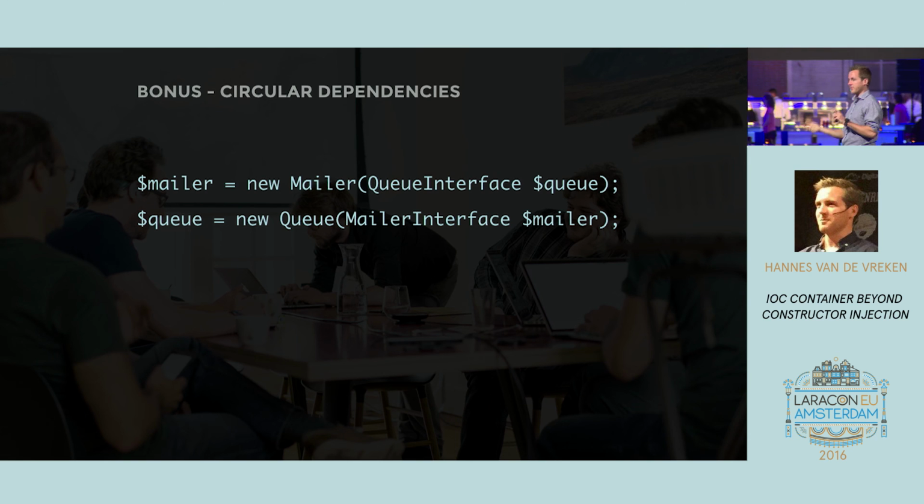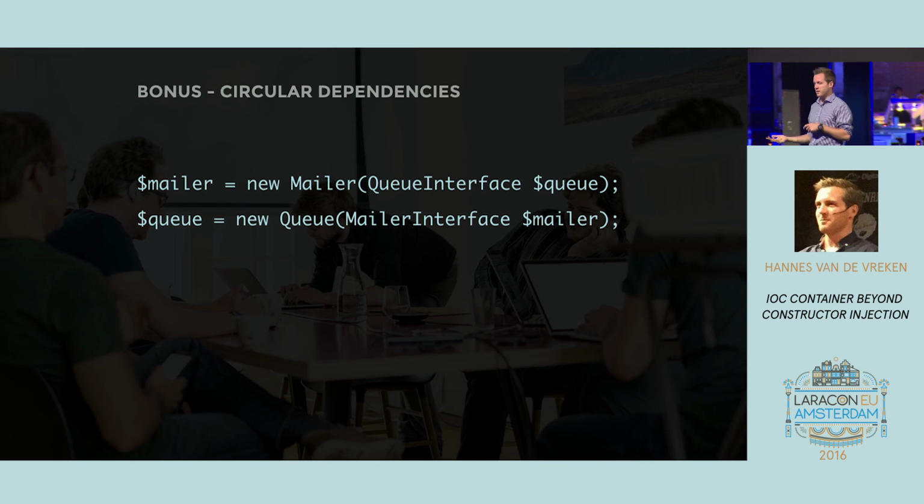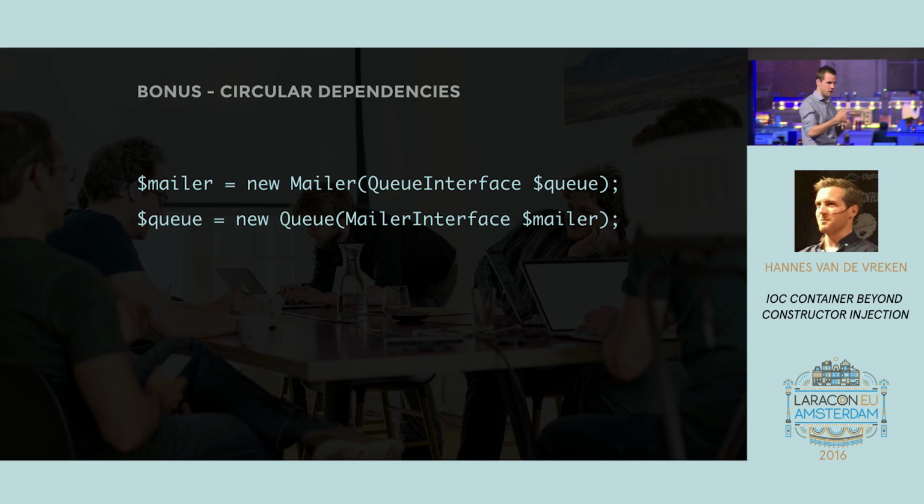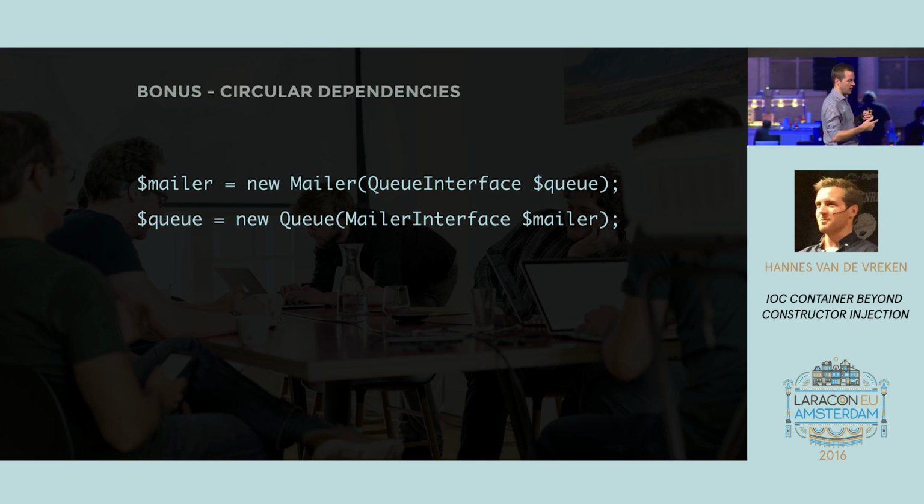That's a circular dependency. If you new up a mailer with this->app->make(Mailer), it will use reflection to see what it needs, and because it uses recursion, it will end up in an endless loop.